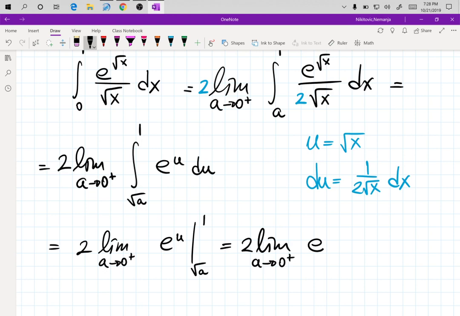Now how much is a? 0. So this is going to be what? e minus 1. Converges to 2 times e minus 1. It's about 3.4, right? I call it 3.5, whatever. About 3.5.